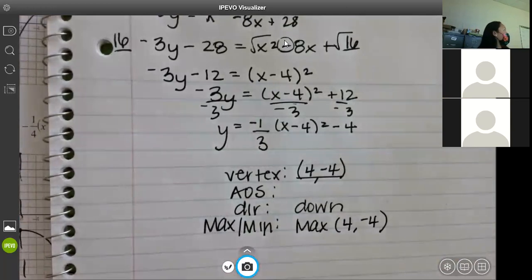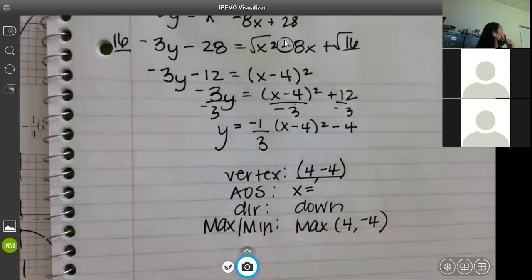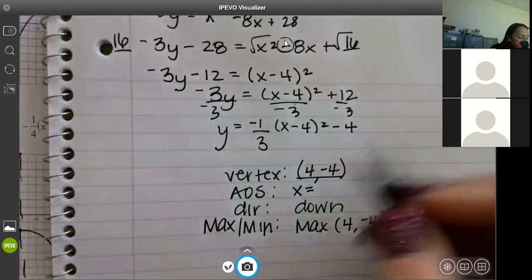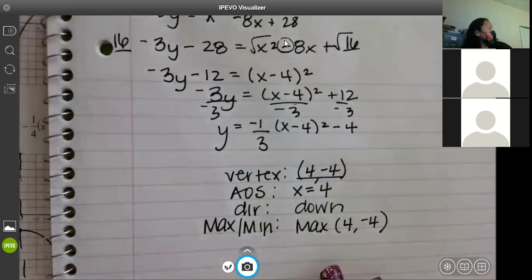So if it asks you for the max or the min, it's always the vertex, okay? And then where's our axis of symmetry? Since it opens down, it's going to be x equals. If the equation is y equals, your axis of symmetry is always going to be the offset variable. So this one will be x equals. And what is the x coordinate of your vertex? 4. It's always the x coordinate of your vertex. All right. Any questions on those?